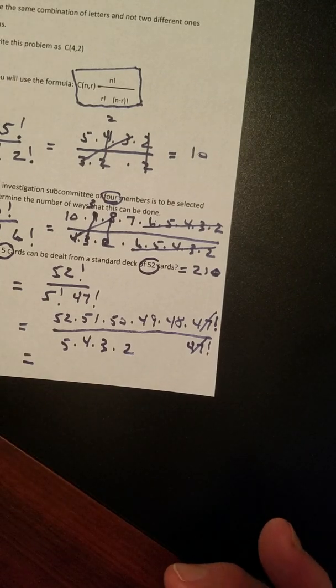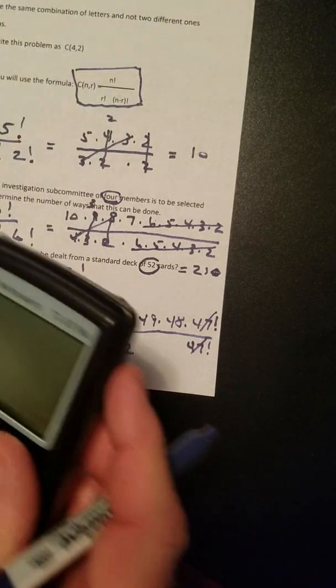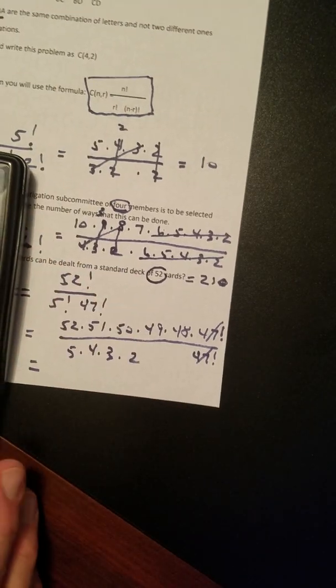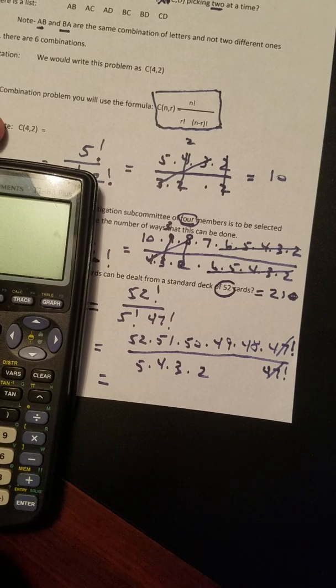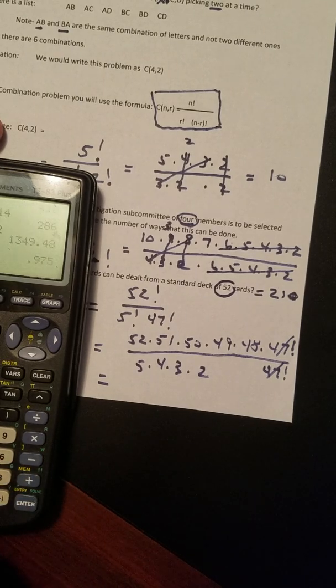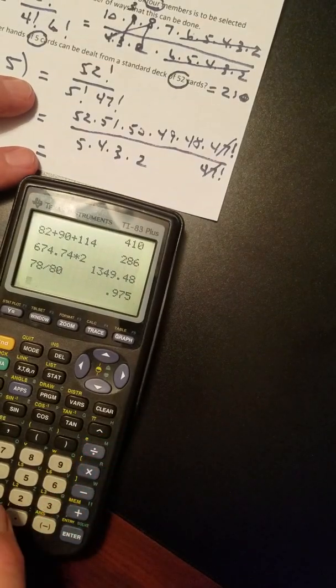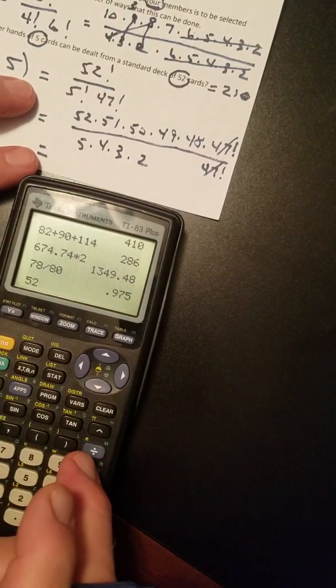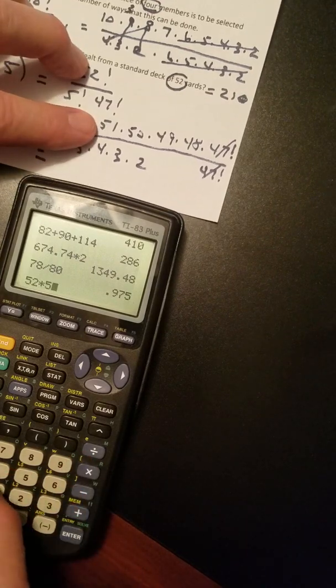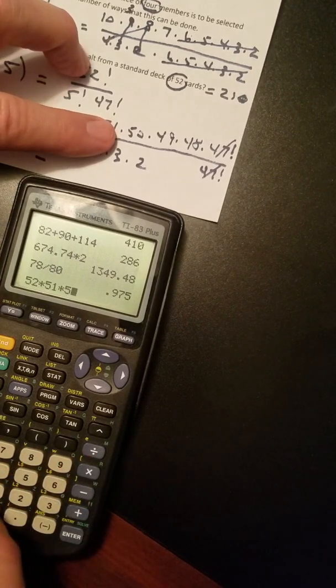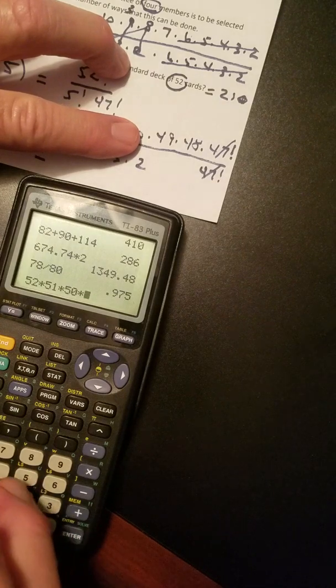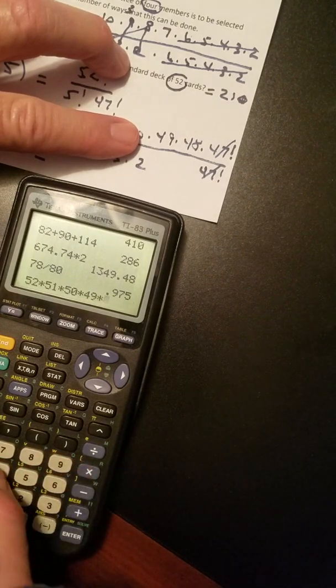Okay, now the numbers are getting bigger, so let's use our calculator. One way to do this is simply take 52 times 51 times 50 times 49 times 48.